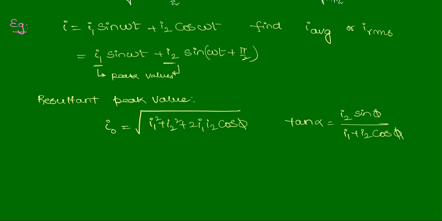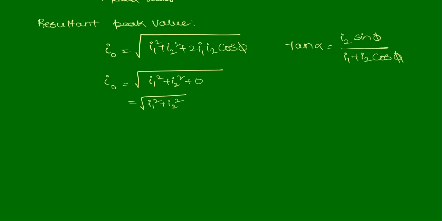So now just look at this. Here that phase difference is pi by 2. From that, the resultant value of the peak will be I1 square plus I2 square plus 0, or simply the square root of I1 square plus I2 square.